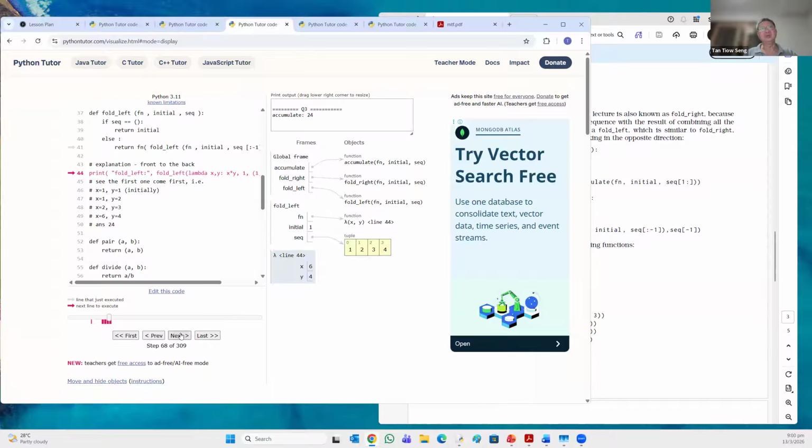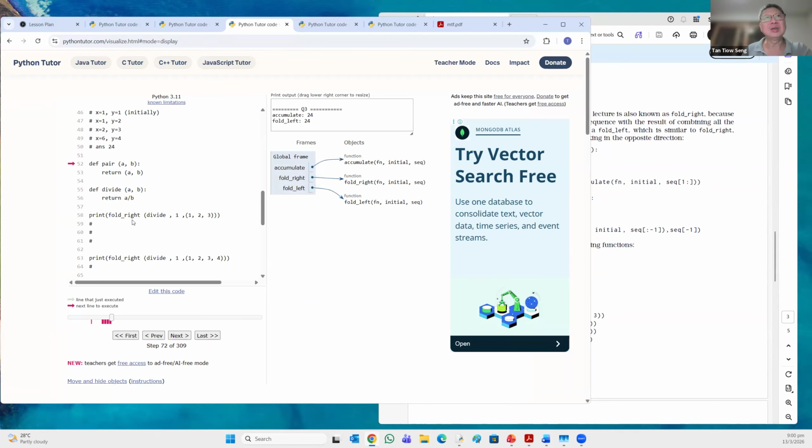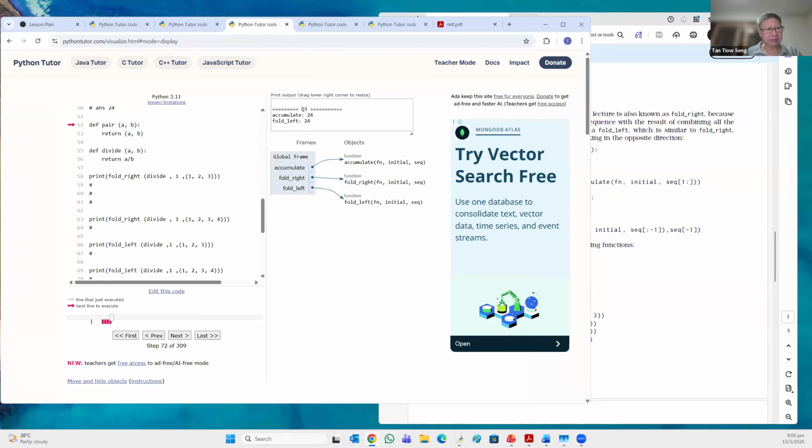Okay, so this is how you will see the 6, 4, and you get 24. So fold left also gives you 24. Now these are things that you have to work out, and I have them for you.